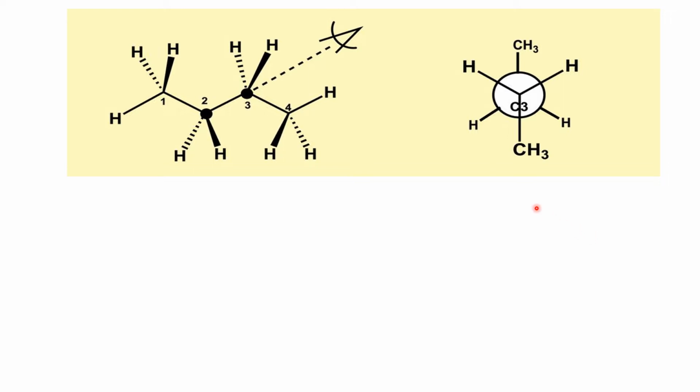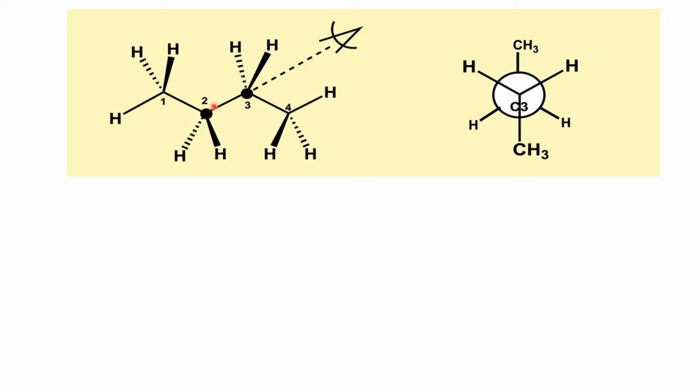See here, this is the butane molecule and we are observing it through the C2, C3 single bond. That means the C2, C3 carbon-carbon single bond.